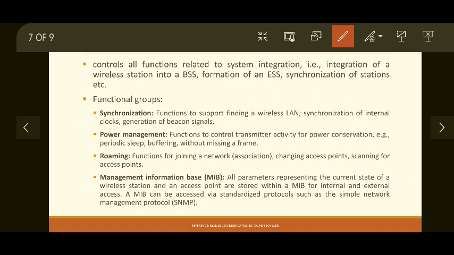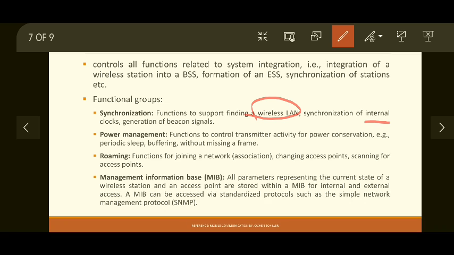Synchronization related to finding a wireless LAN, how to find an available network, is handled by the MAC management layer. Then managing or synchronizing the clocks of stations with the clock of an access point. Each device in the wireless LAN has hardware running on a clock frequency.